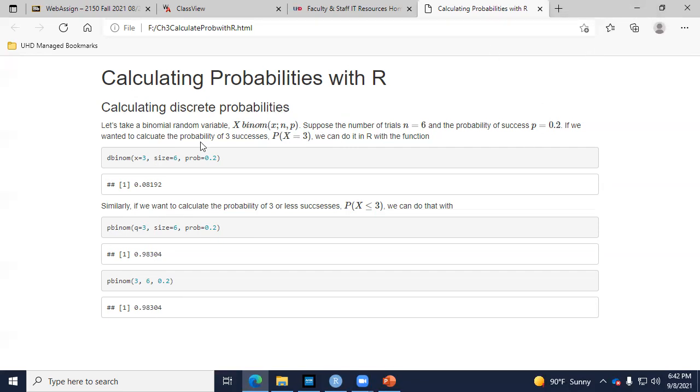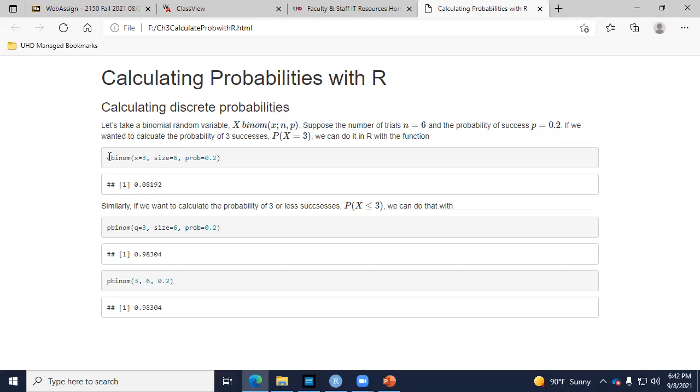So this is just an example showing you how to do the binomial. Since there are many families you can use, in R you just change binom to a different family, like negative binomial or hypergeometric.